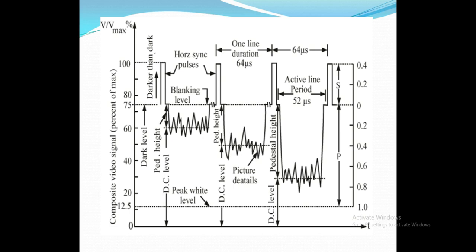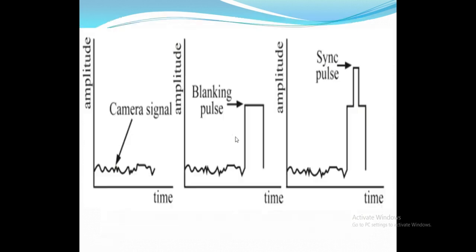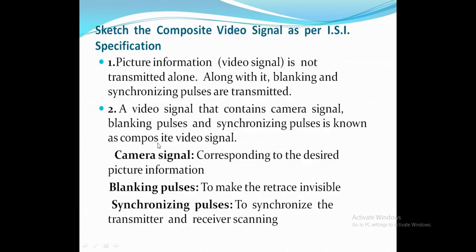The composite video signal is a video signal that contains the camera signal, blanking pulses and synchronizing pulses. Okay. So, what is a composite video signal? It is a video signal which consists of a camera signal, blanking pulses and synchronizing pulses.